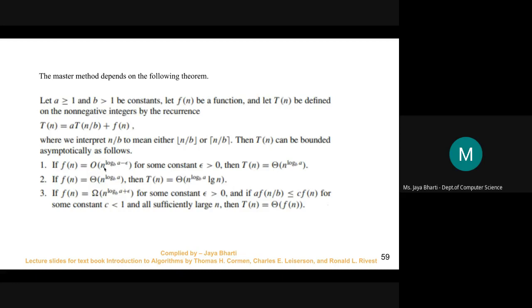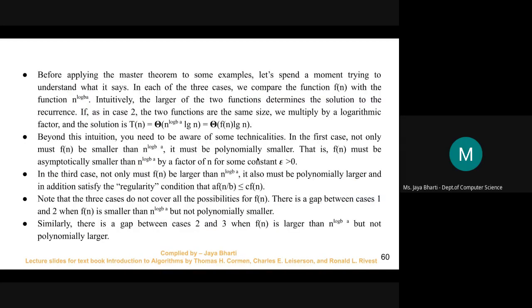So it will always be n to the power something. That's why it is always polynomially smaller than f of n. So f of n must be asymptotically smaller than n to the power log a base b by a factor of n to some constant value.